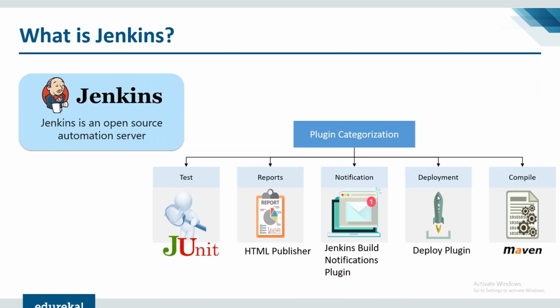Next, as a part of Jenkins, we have support for multiple plugins. For example, for testing, we have JUnit and Selenium. For report generation, we have HTML Publisher. For notification services, we have the inbuilt notification plugin. For deployment, we have deployment plugins available.